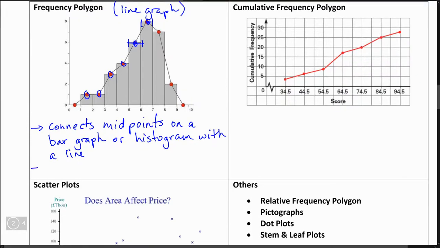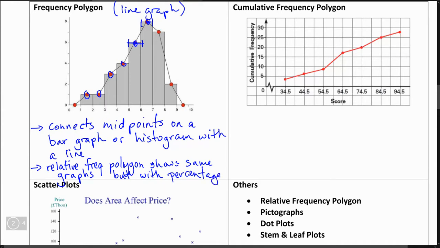And we also have something called relative frequency polygons, which are the same graphs, but with percentages instead of the frequency tallies that you see on the left side of the axis.